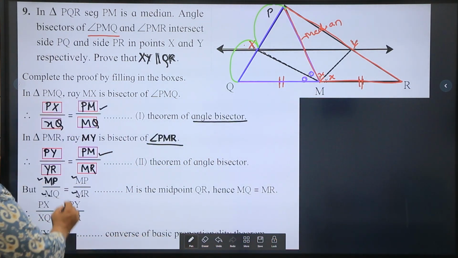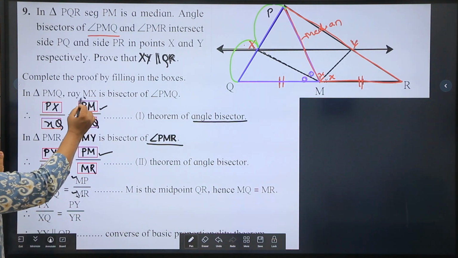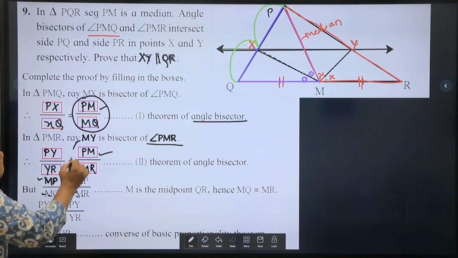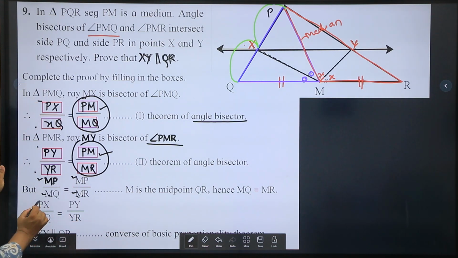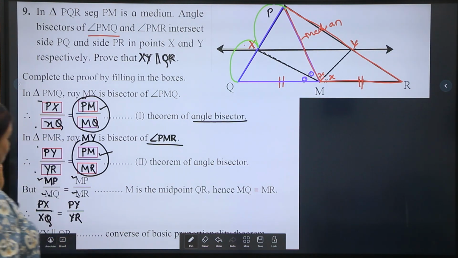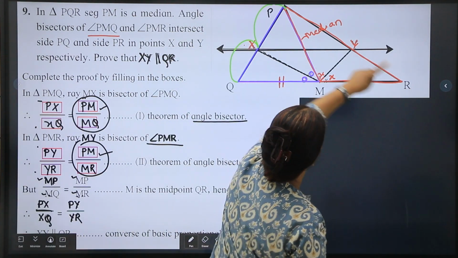Okay. So these two are equal, and since these two are equal, we can say that PX upon XQ is going to be equal to PY upon YR. And this is what we wanted to prove. What we got? PX upon XQ is equal to PY upon YR.